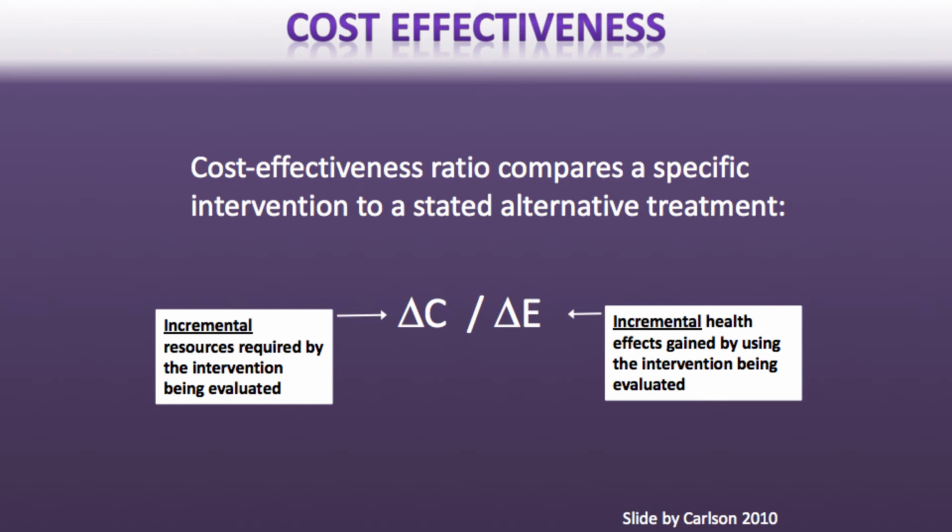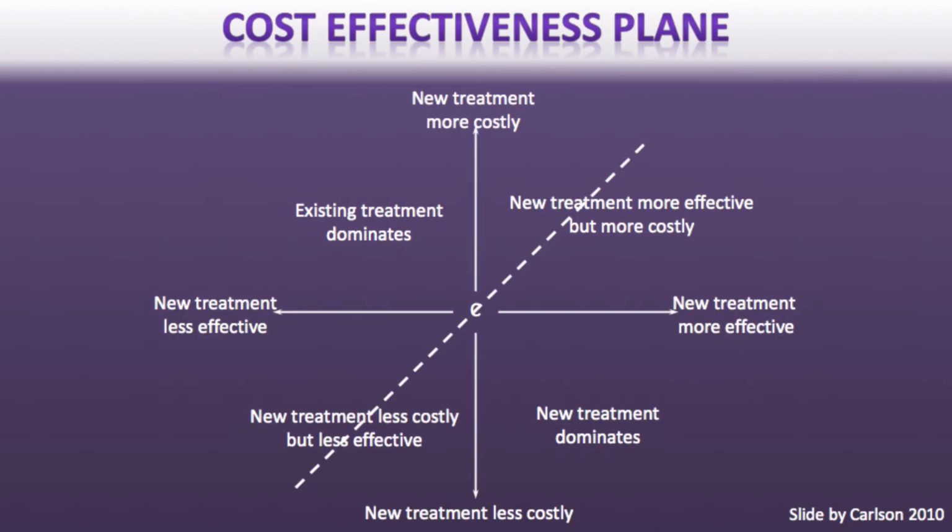So let's look at this a little bit differently. This is called the cost effectiveness plane. I think this is really helpful for thinking about how we consider the use of money in public health and at a policy level.